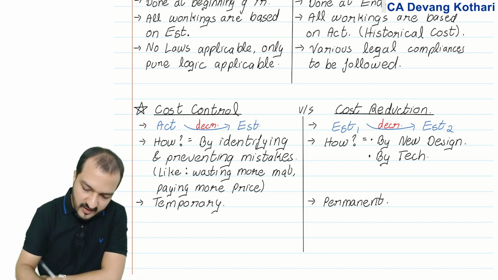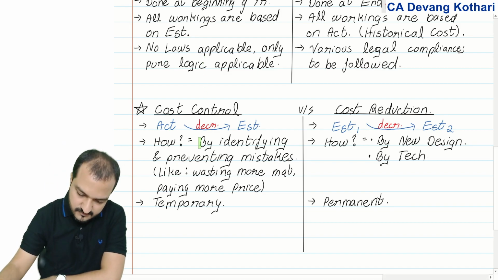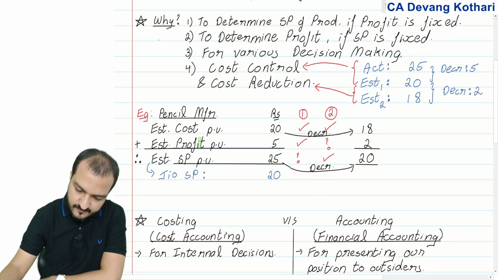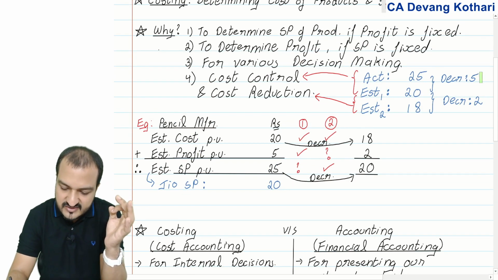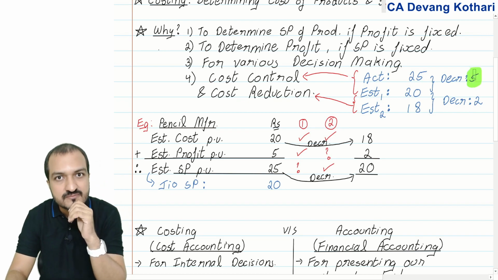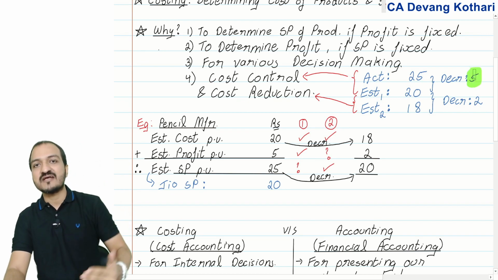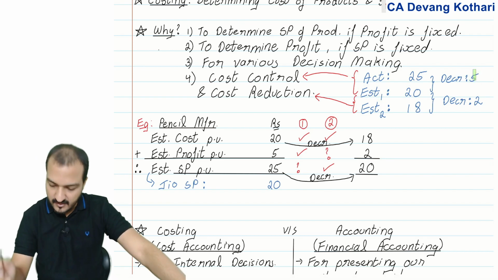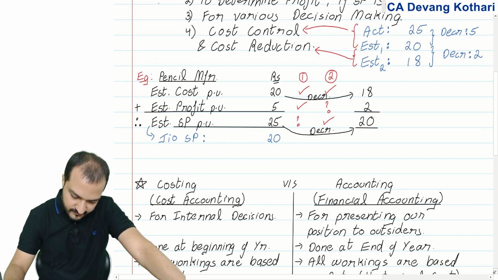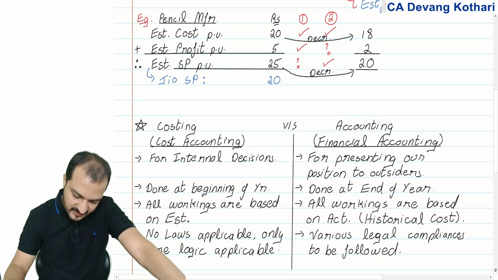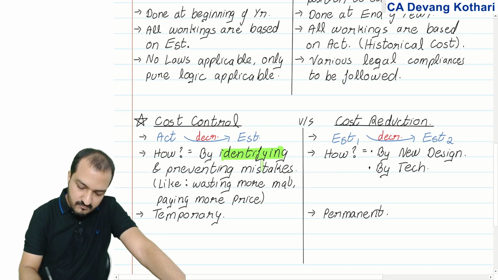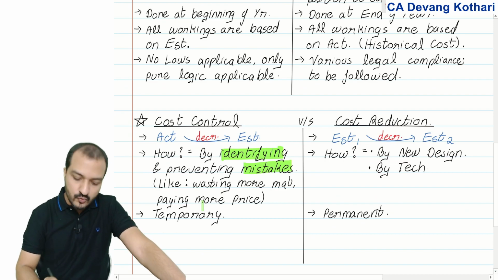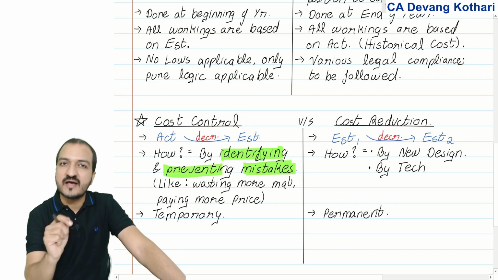Let's say you were able to identify the reason for 5 rupees extra cost, and you were able to prevent extra cost in the next year. That is called cost control, that you were able to identify the mistake of this year and prevent the mistake in the next year.